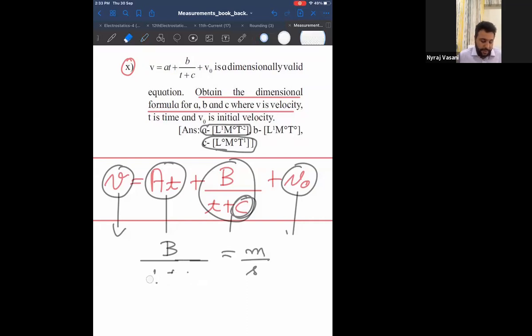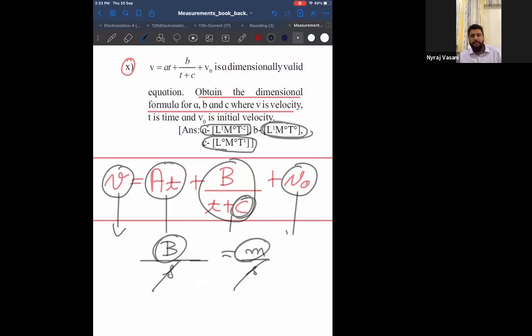Now, what is T plus T? T plus T is time itself. Therefore, T plus T will be second itself. Therefore, second and second will cancel. Therefore, the unit of B will be same as meter. Meter will be L1 M0 T0. L1 M0 T0.